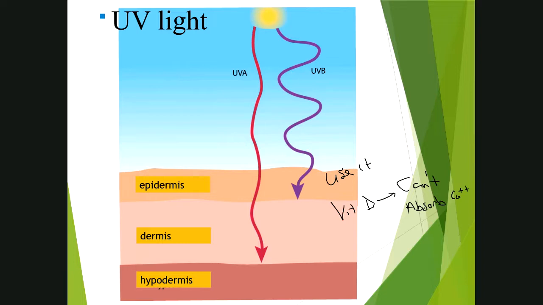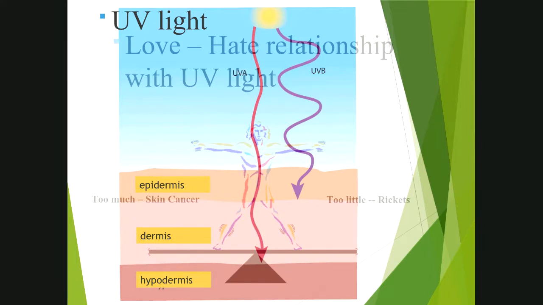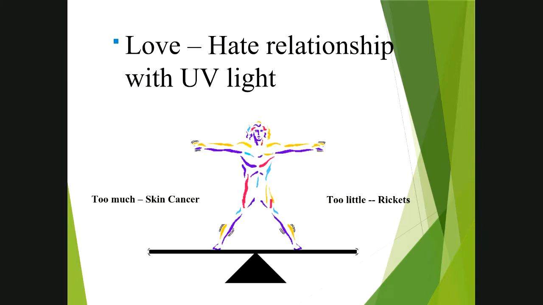And so what you wind up with are all kinds of problems. One of the things you wind up with is called rickets, and rickets can cause death as well. And so look, we're on this sort of love-hate relationship.